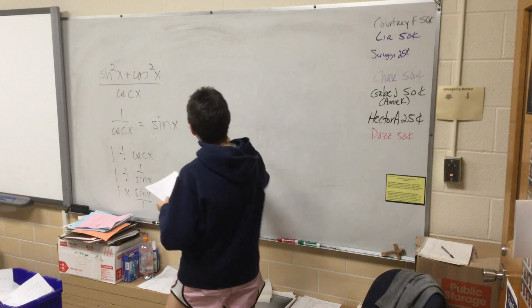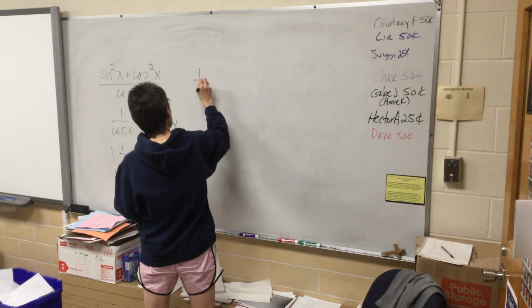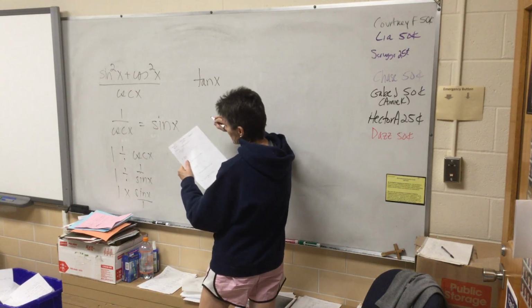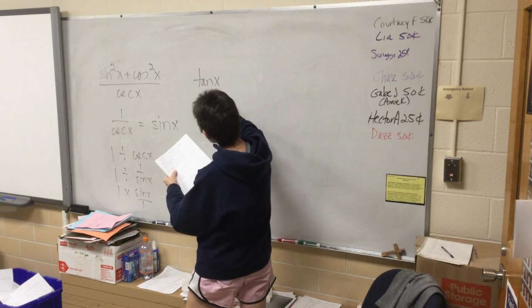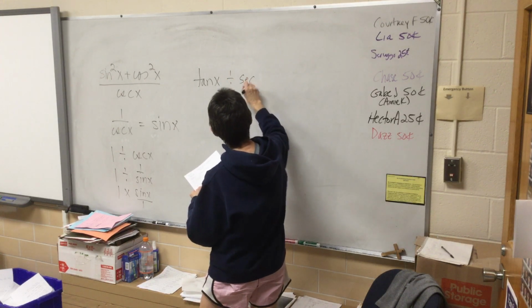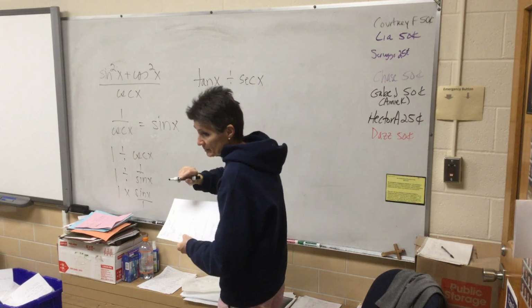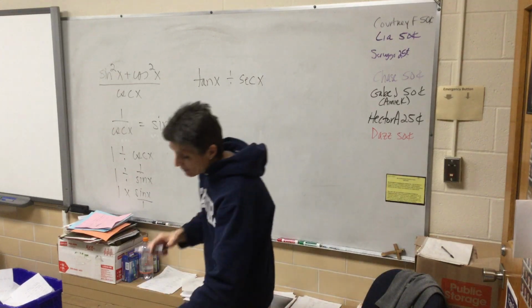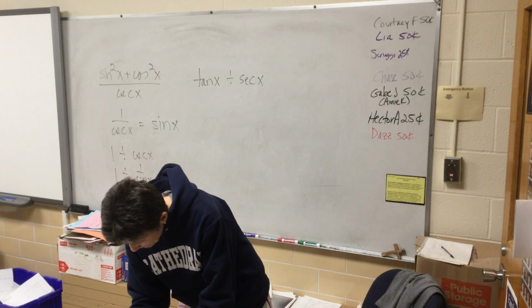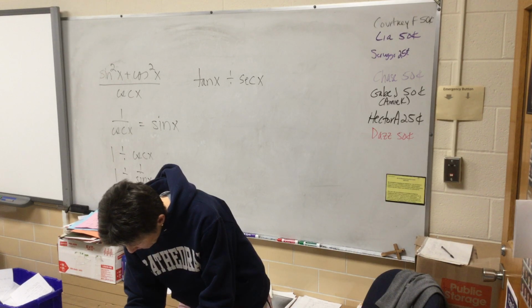Okay? Now, this next one, you remember yesterday or whatever day it was, I talked about how when I have these fractions like this, I like to think of them as tangent divided by secant. Because you know what I'm going to do next, right?